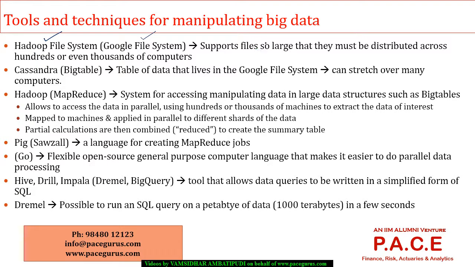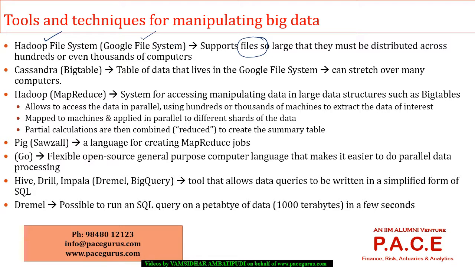The entire objective of this file system is supporting large files. These large files typically get distributed across multiple computers, hundreds and thousands of computers, which means we are talking about data that is so huge that it spreads across multiple systems.